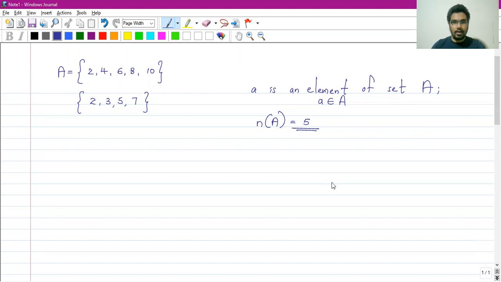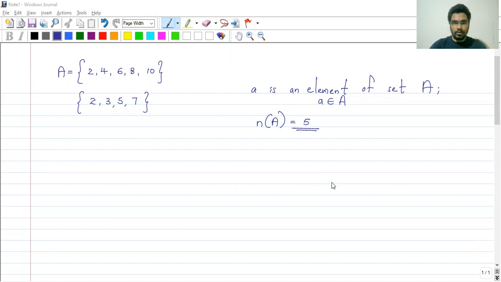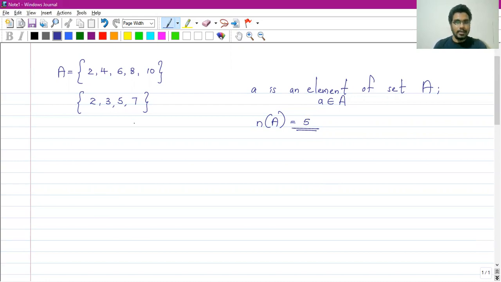I think you already know that one. A null set means a set which does not have any elements in it.